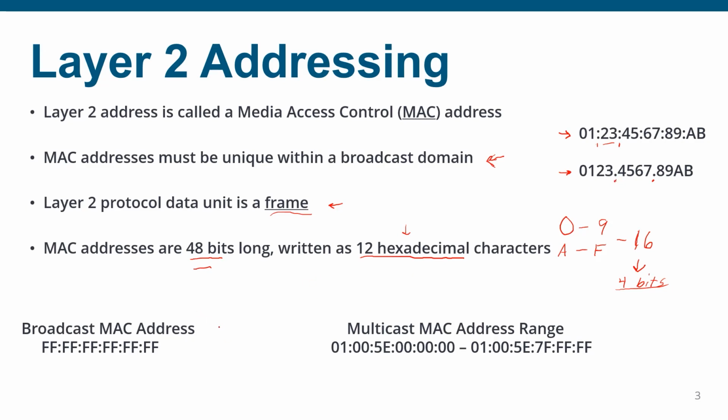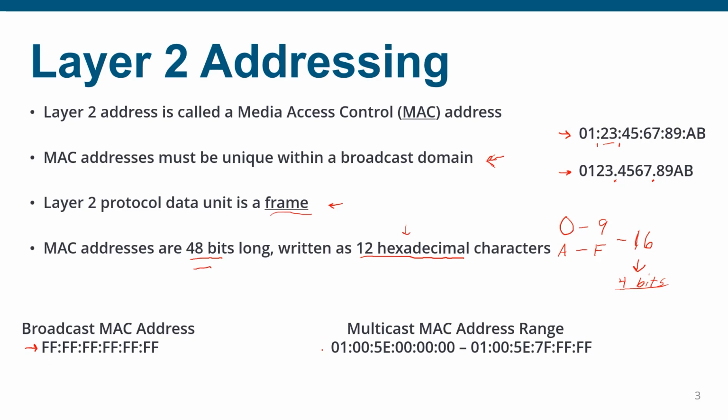The broadcast MAC address, one that indicates that all nodes which receive this frame should process it, that I am broadcasting some information out to all nodes that receive this, is all Fs. There is only one broadcast MAC address, and this is it.